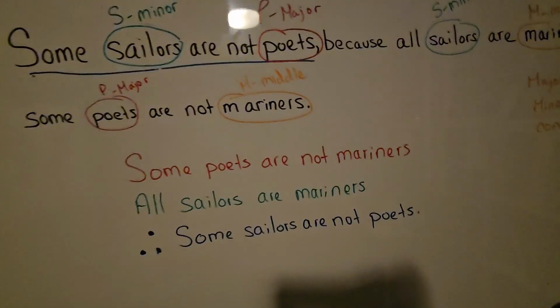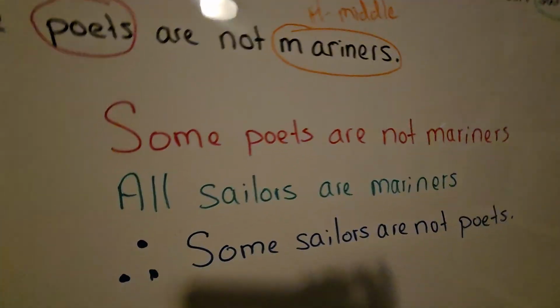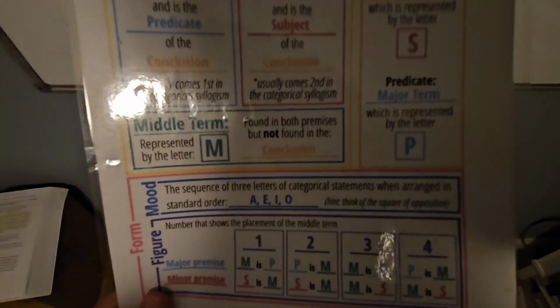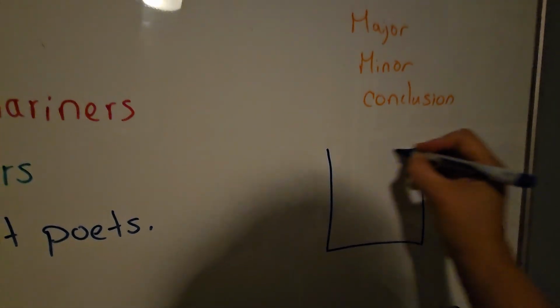All right. So that's the argument in syllogism form. Now, the other thing they learn is how to find the mood. The mood has to do with the square of opposition, which I'm pretty sure he knows pretty well. So just for example, you have your square of opposition.